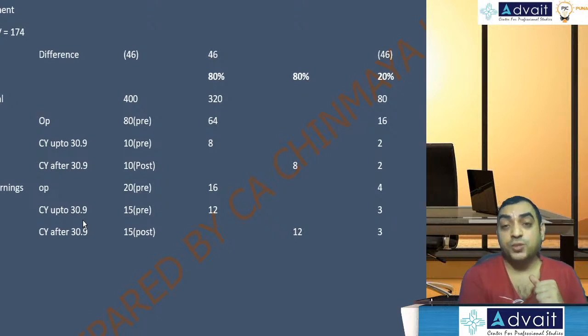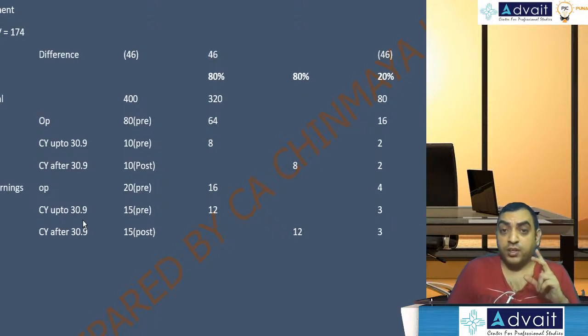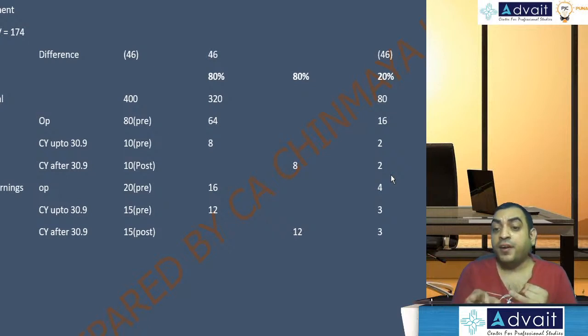What is the NCI adjustment? We have done the NCI adjustment for the earlier company. Can you try the NCI adjustment for S Limited here? What is the difference? So NCI adjustment will come. One more, investment will come. Inventory value I have taken already, so inventory will not come again now.